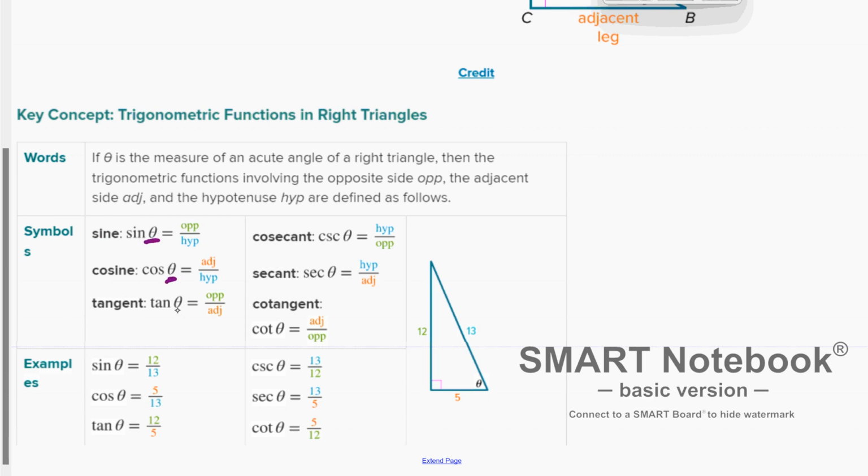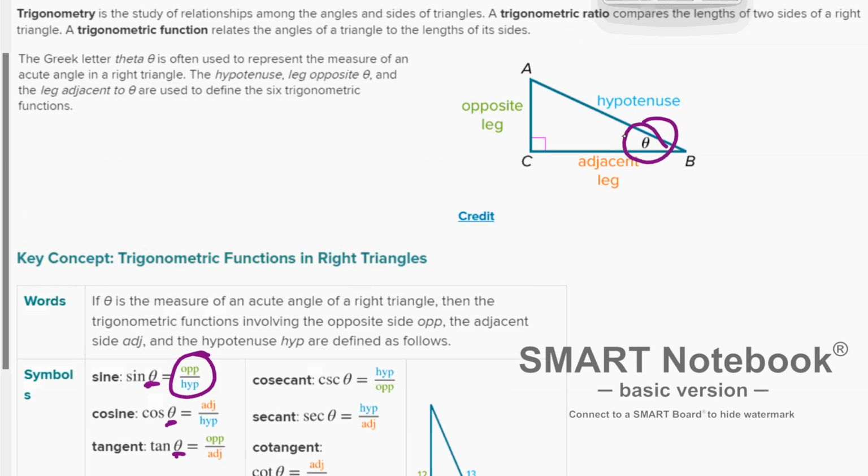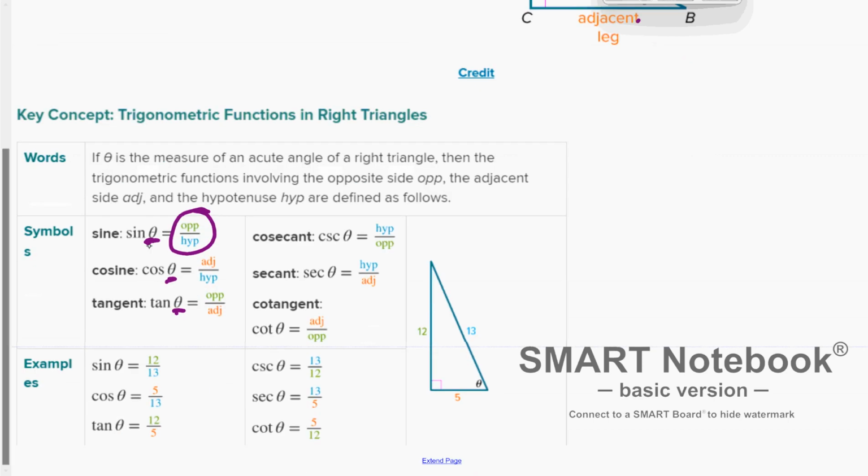They're always of some angle, and that represents a side ratio. Depending on what angle you have, sine is opposite over hypotenuse. If I have this angle right here, sine would be this side divided by this side. But if I switched the angle and did this angle instead, this now would be the opposite side over this hypotenuse. So it all depends on the angle. That's why sine, cosine, and tangent are always of an angle.